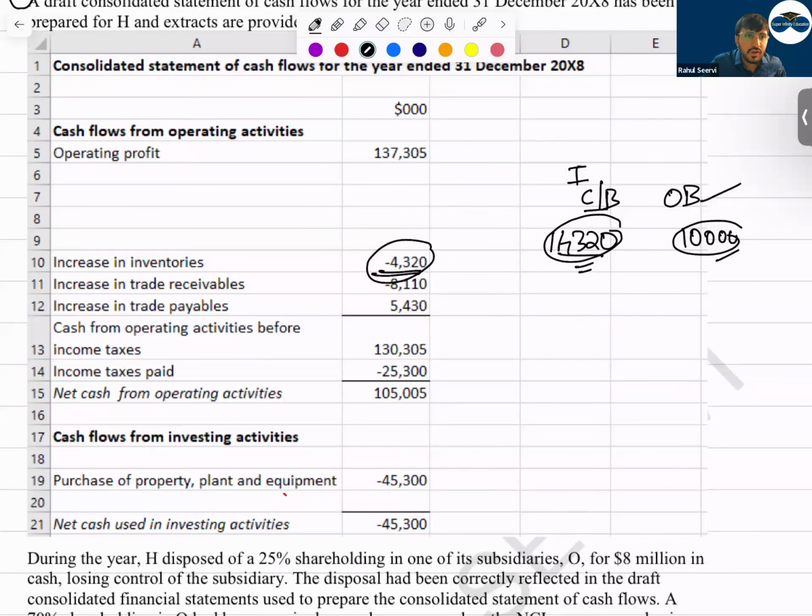If the additional value is not included, we have to include it and prepare the balance sheet. So what will I do here now? I will increase this value, because in opening it was included, in closing it is not included.